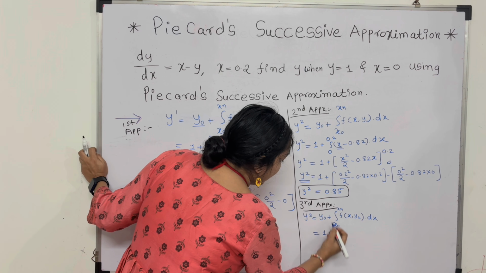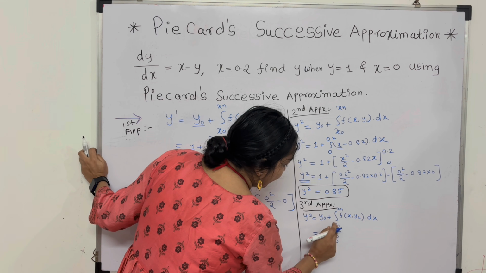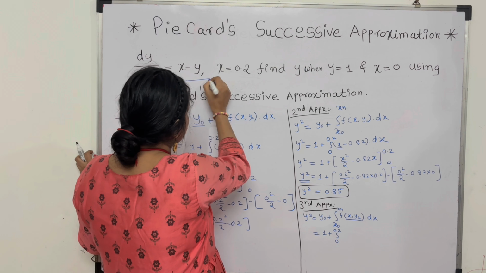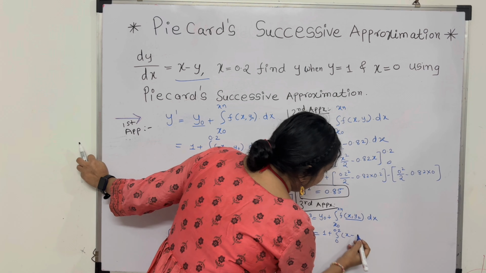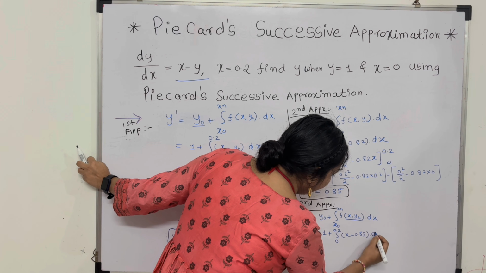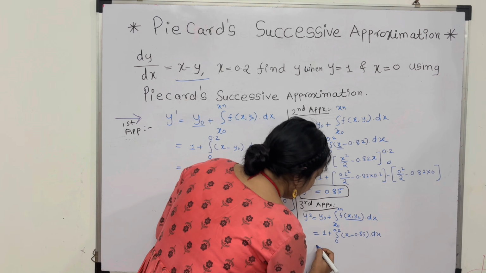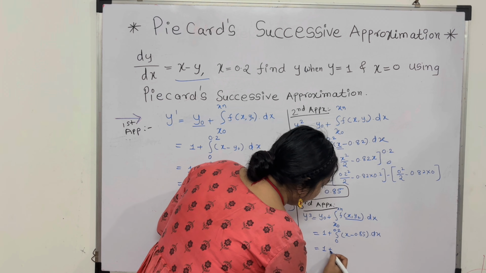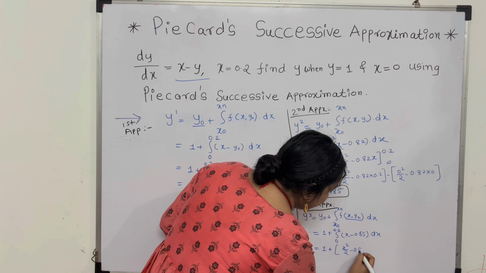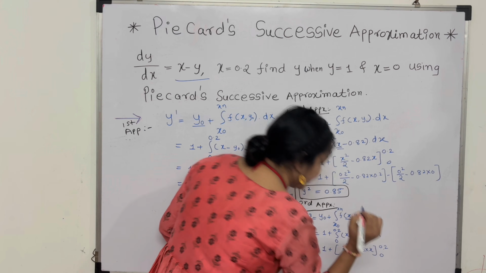So the y0 value is again 1, which is already given, xn is 0.2 and x0 is 0. Again you are supposed to consider the same function, that is x minus, and the value you already found, that is 0.85, into dx. Now you do the integration of this, so you get 1 plus x square by 2 minus 0.85 multiplied by x, with limits 0.2 and 0.